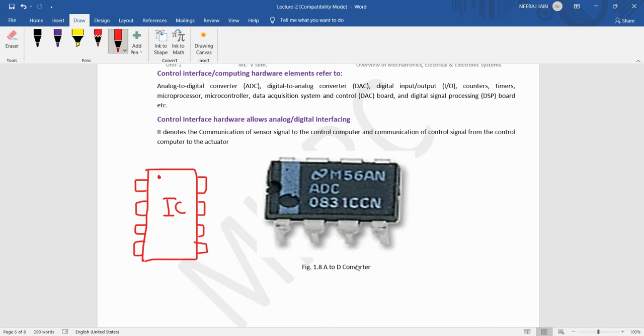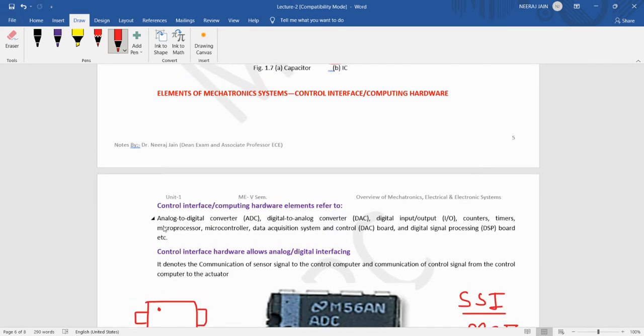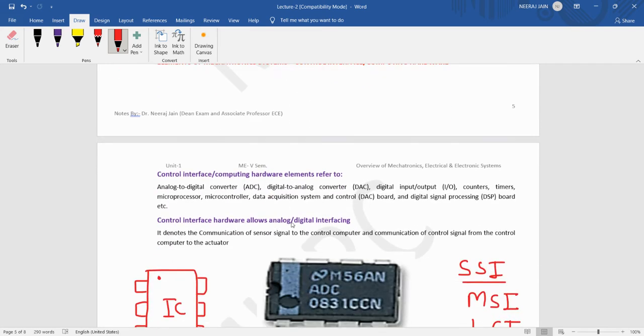We can categorize them into several categories like SSI technology, small scale integration, in which one IC can have about 10 components; medium scale integration, in which the IC has about 100 components; LSI, large scale integration, in which an IC can have about 1000 components; and very large scale integration, where the IC can have more than 1000 components.